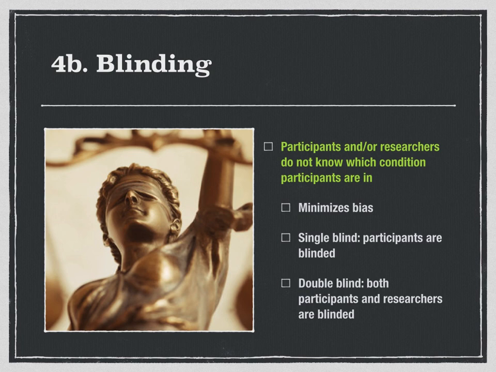It also prevents you, the enthusiastic researcher, from intentionally or unintentionally recording more favorable results for the intervention you created. In a single-blind study, either participants or researchers are blinded. And in a double-blind study, both participants and researchers are blinded.